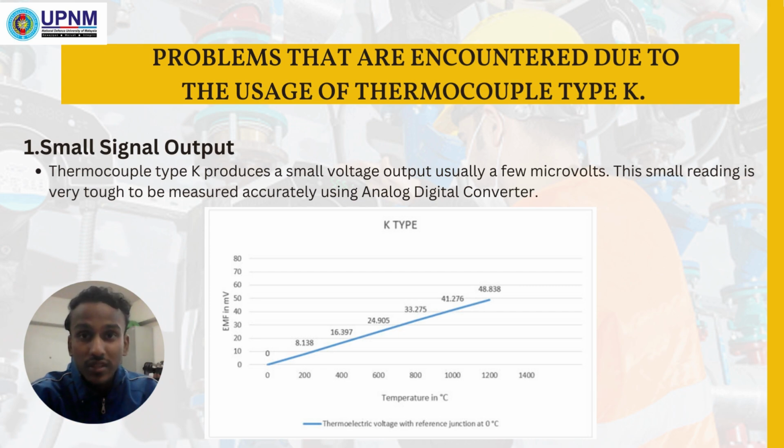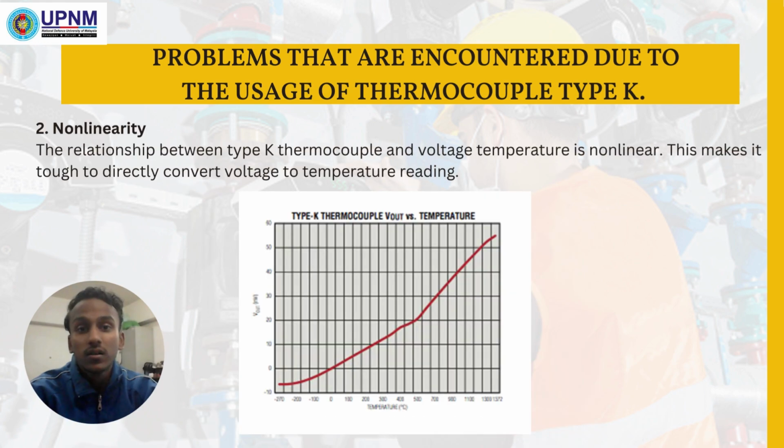There are a few problems that are encountered when you use thermocouple type K. The first one is small signal output. Thermocouple type K uses the Seebeck effect, which produces a very small amount of voltage when it is tested. Usually, a Wheatstone bridge is used to overcome this problem. The second problem encountered is non-linearity.